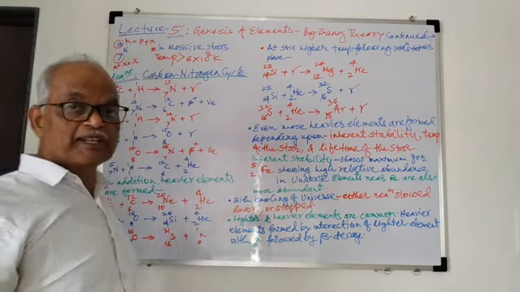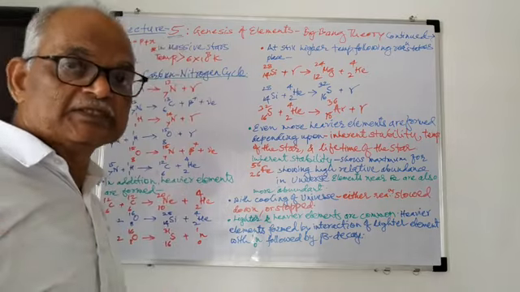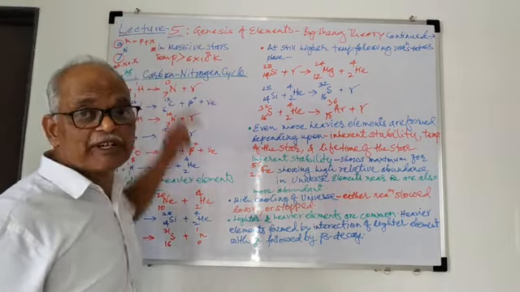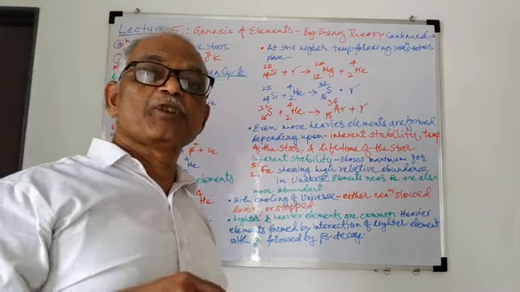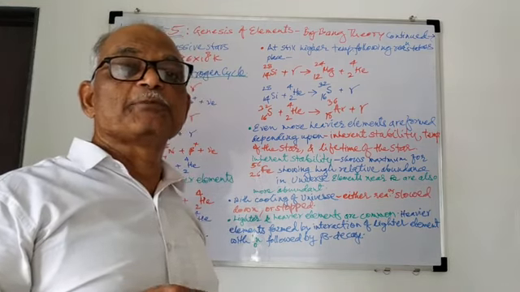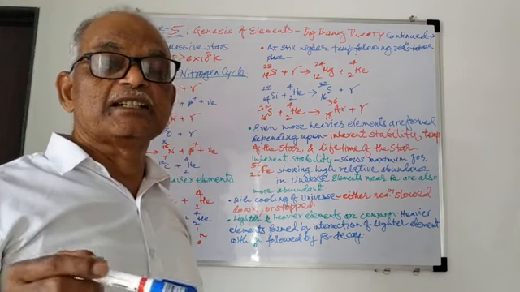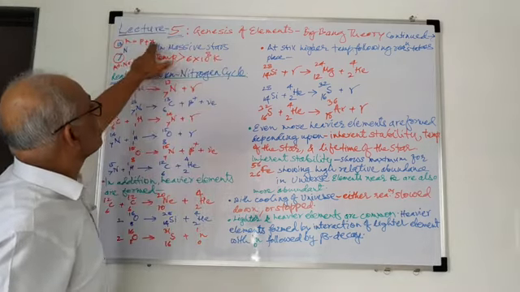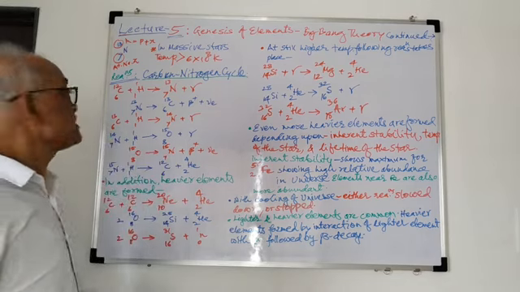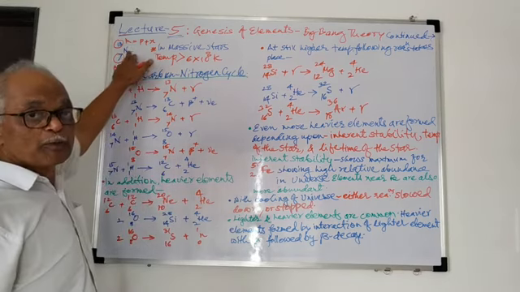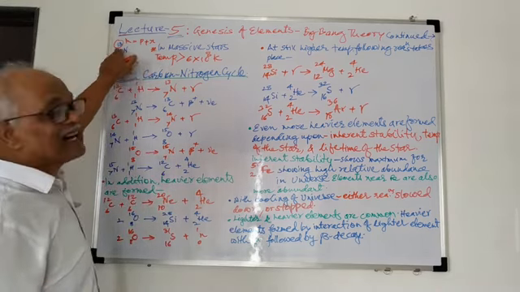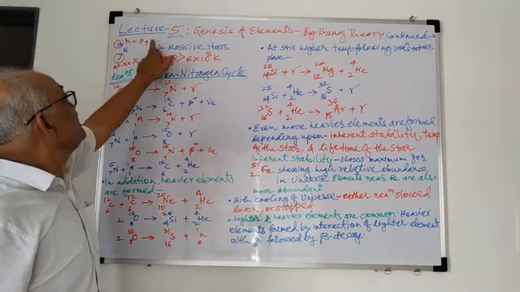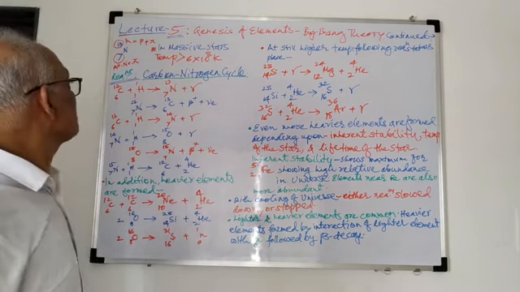In the previous lecture it was mistakenly shown as 7 protons and 7 neutrons, but that is correct for the nitrogen isotope with mass 14. But in this isotope of nitrogen, where the mass is 13, it contains 7 protons and 6 neutrons.